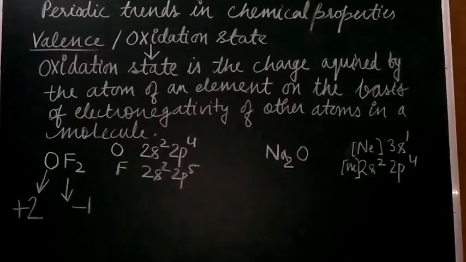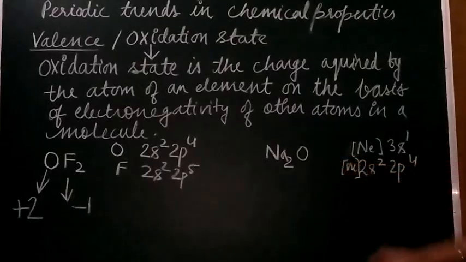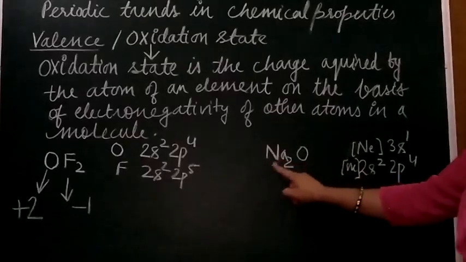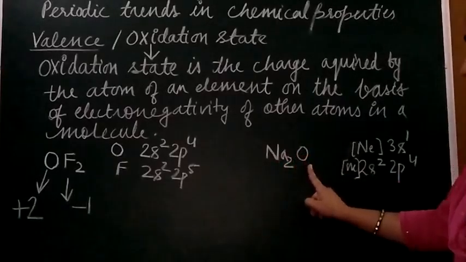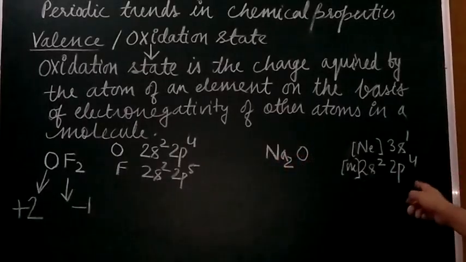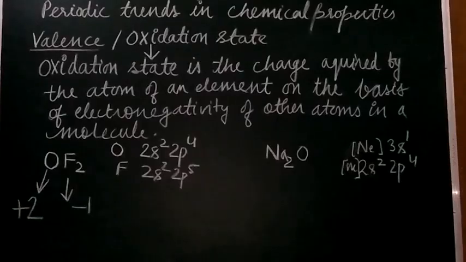Now students, in this compound, sodium oxide, if you check the electronic configuration of neon and that of oxygen, you will find that for the formation of Na2O, oxygen, being more electronegative, accepts the electrons, one from each of the two sodium atoms, and thus the oxidation state of oxygen is how much? It is -2. If you compare the electronegativity of sodium and oxygen, you will find that the electronegativity of oxygen is more than sodium, right?